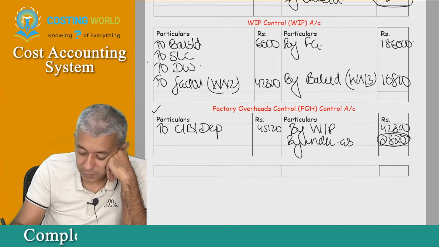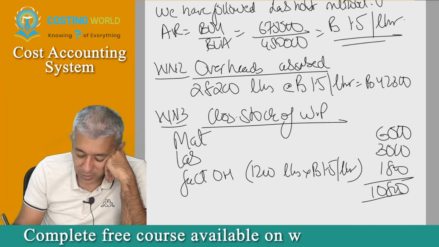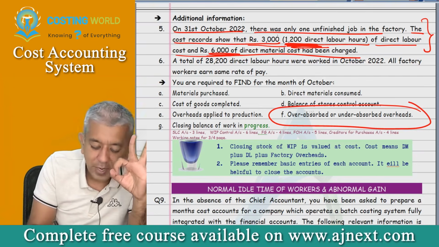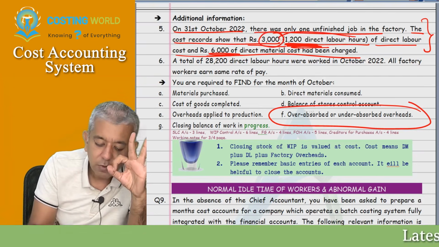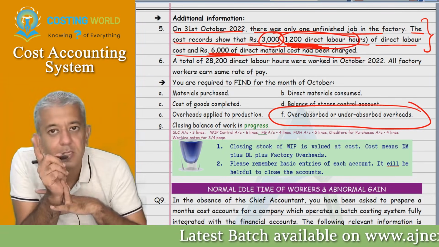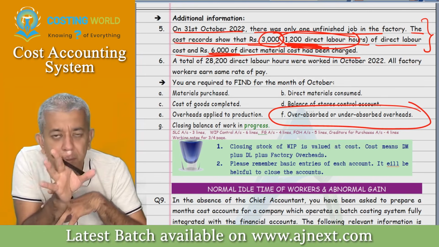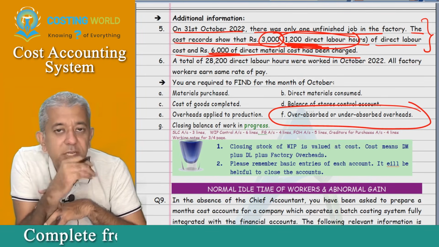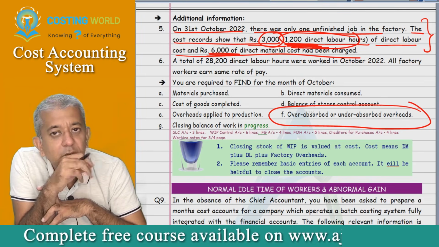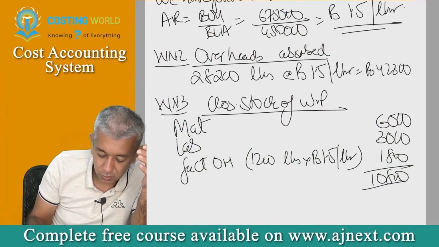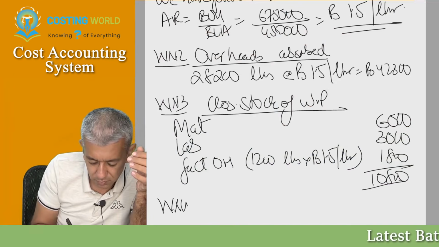Now see, there was one extra information in this only. Can you say workers were paid 3,000 bucks for working for 1,200 hours? If I divide 3,000 by 1,200, don't tell me the number. Tell me what will it represent? Wage rate. We pay workers at this particular rate, no? Okay, so write down working note number 4.